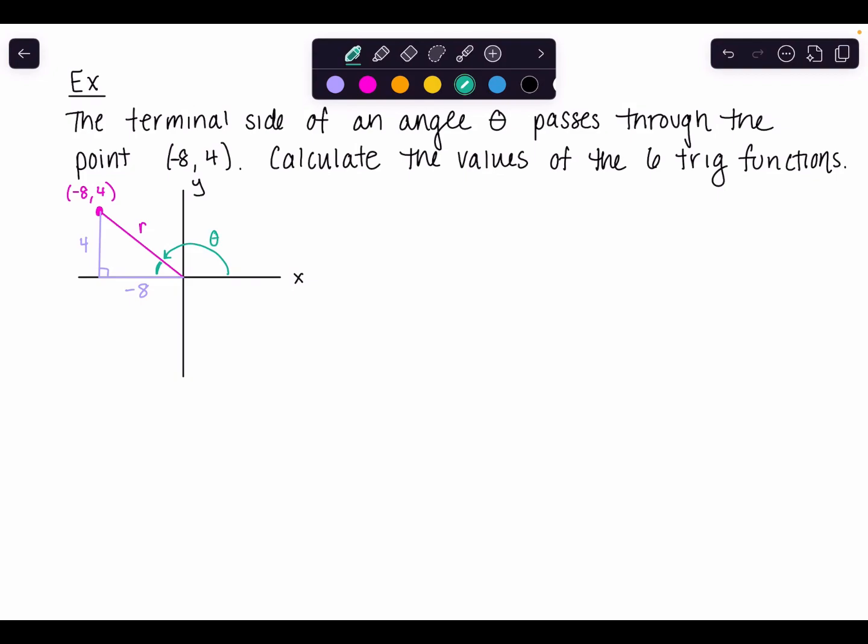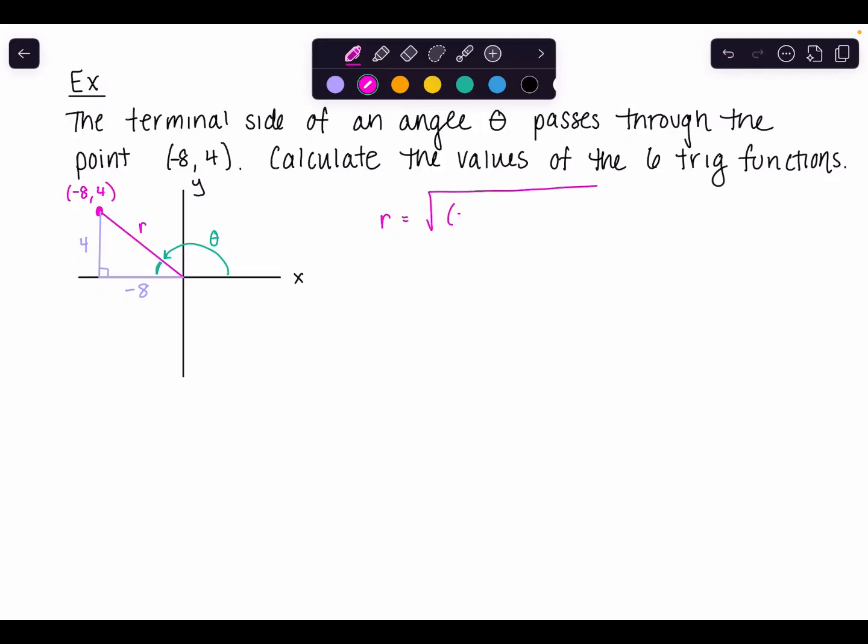But I'm going to use this right triangle to be able to figure it out, because all my trig ratios are based on x, y, and r values. So to figure out what r is, we just use the Pythagorean theorem.